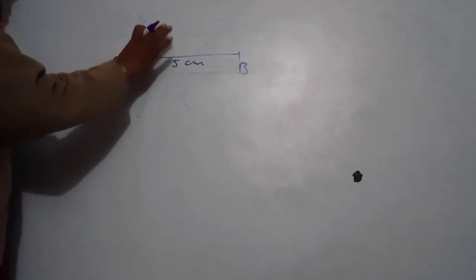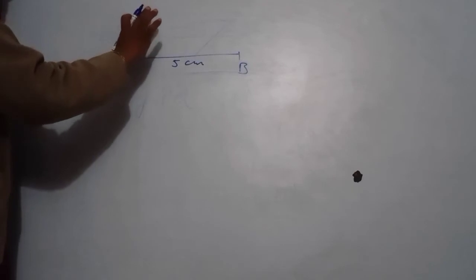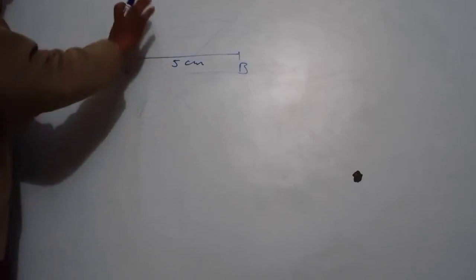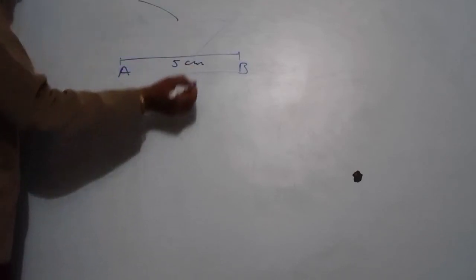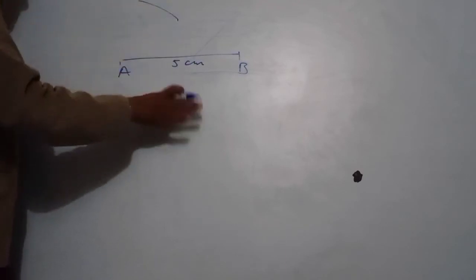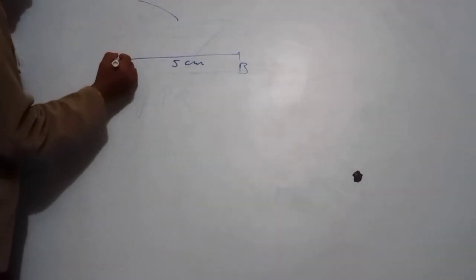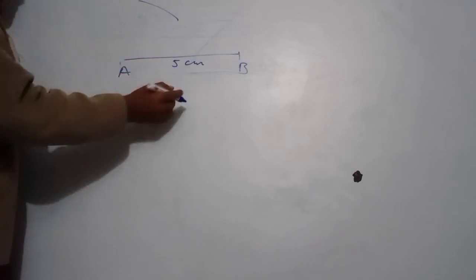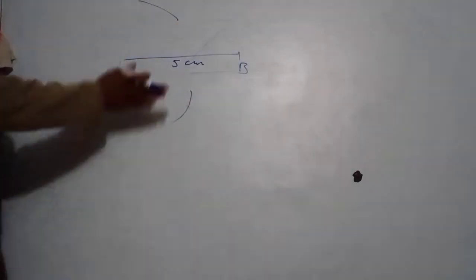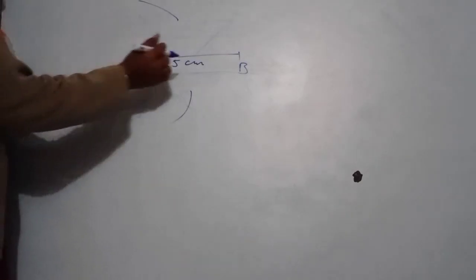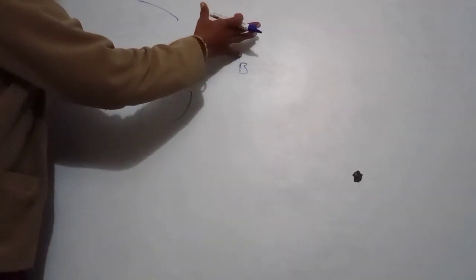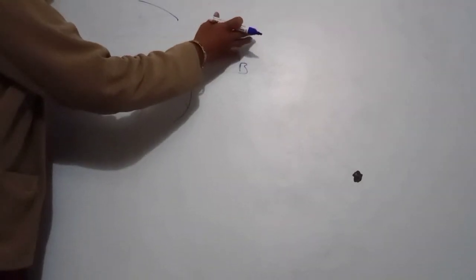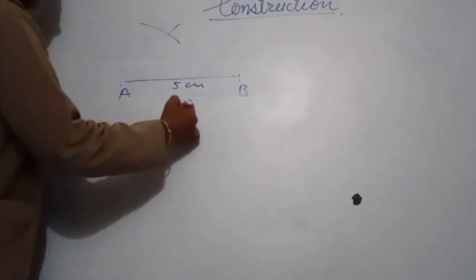Draw the curve to both sides of the segment, upper side and lower side. Same process you have to repeat. Put the iron knock on B and draw the curve upside and downside.